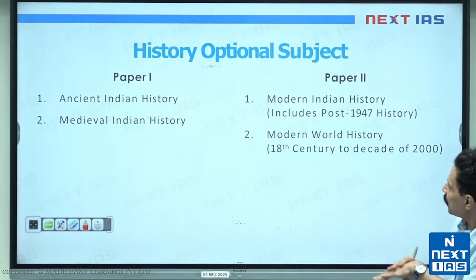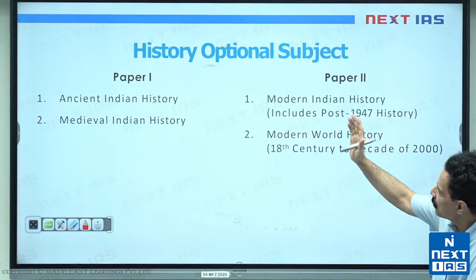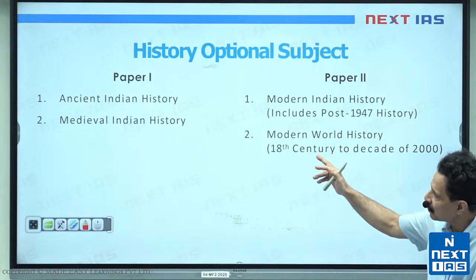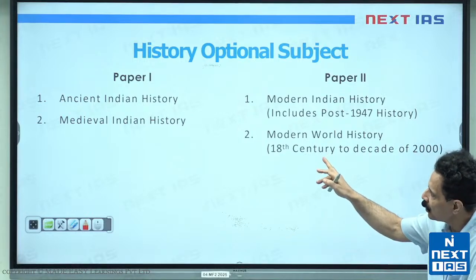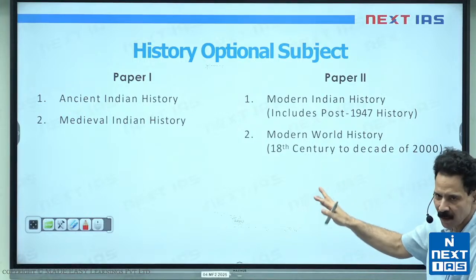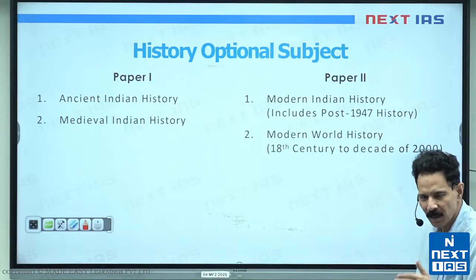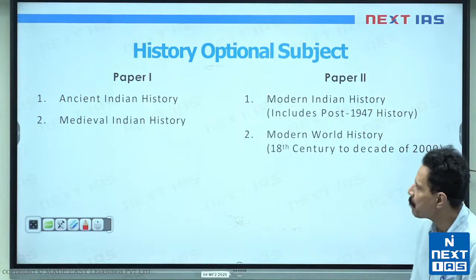Here in this slide, what you find is the bifurcation: history optional paper 1 consists of two sections, that is ancient Indian history and medieval Indian history. What is ancient, what is medieval, I'm not going to discuss in this session.